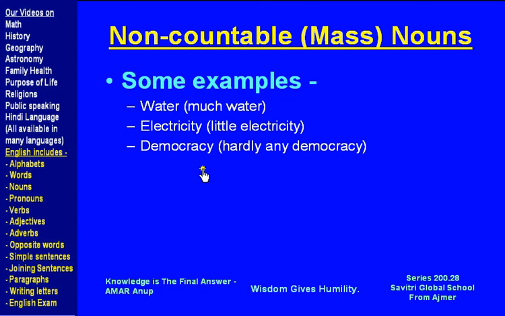So they take quantifiers like much water, little electricity, hardly any democracy, but they cannot take the quantifier many. We cannot say many water, we cannot say many electricity or many democracy. So these are non-count nouns or non-countable nouns, also called mass nouns.